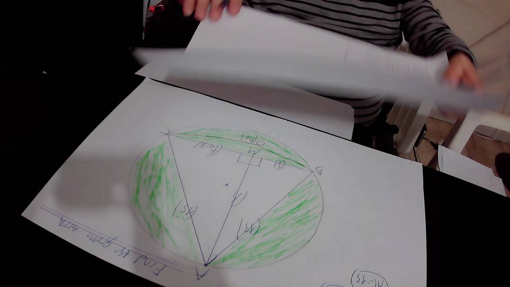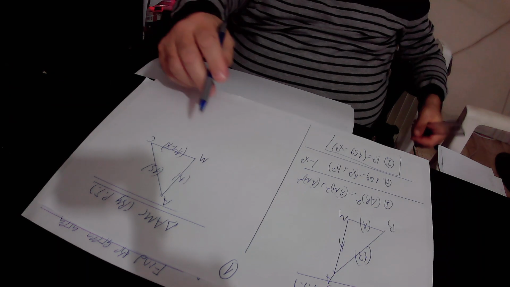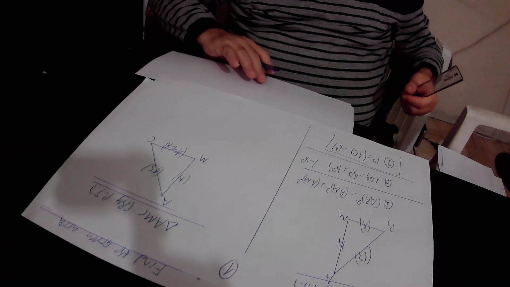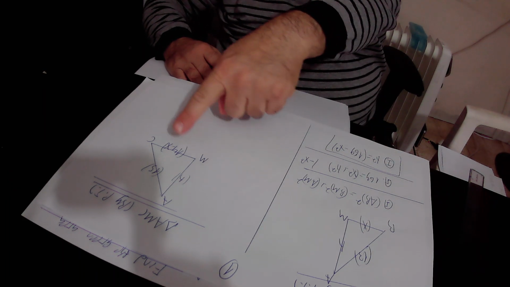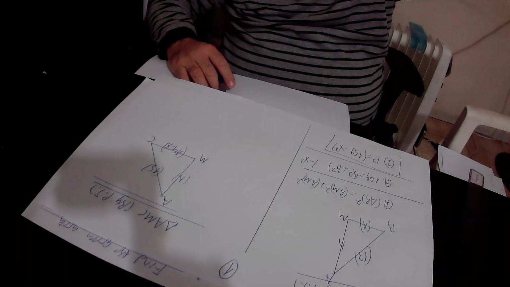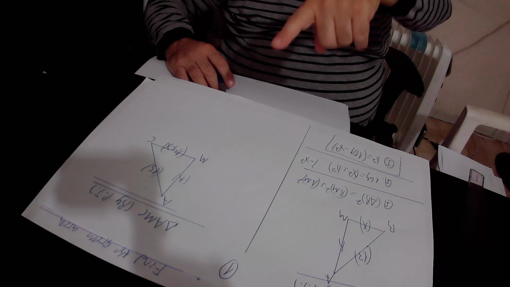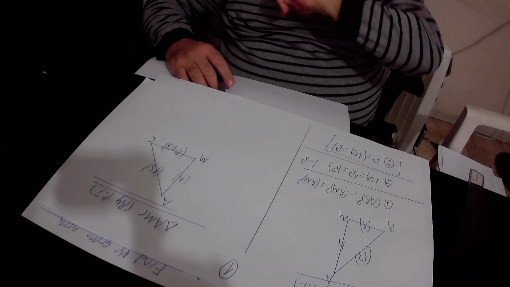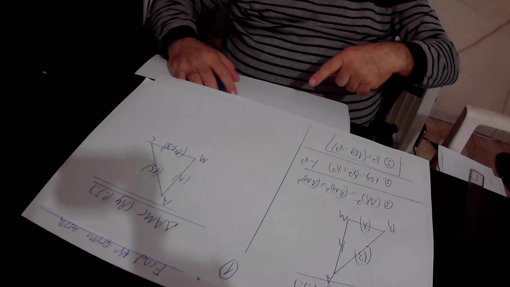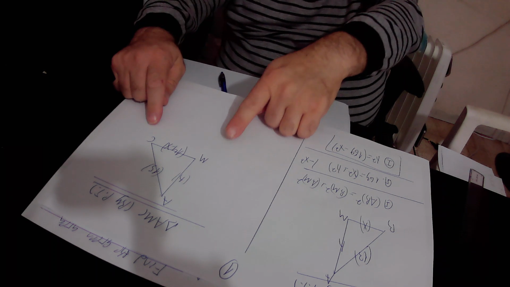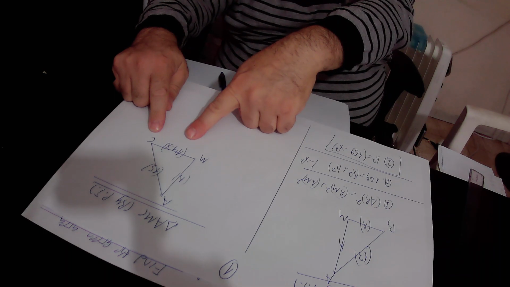So actually, this is the right triangle AMC that I copied from the original drawing. The hypotenuse AC equals 15 units according to what is given in the question. AM equals h according to our definition. And we have already found out that side MC of this triangle AMC equals 14 minus x.